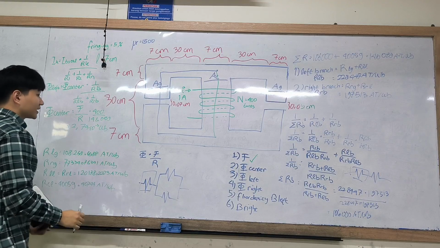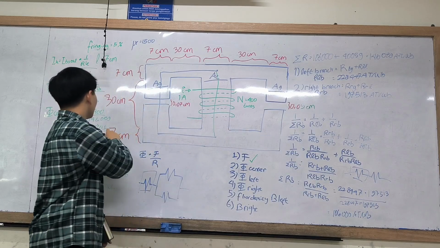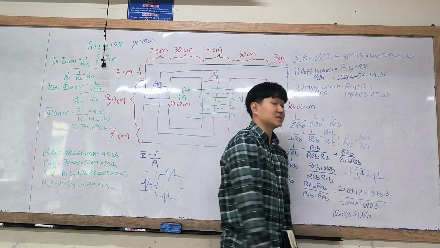And again, the 400 is found from 400 resistance multiplied by 1 ampere, and the 146,059 is found from the total reluctances.